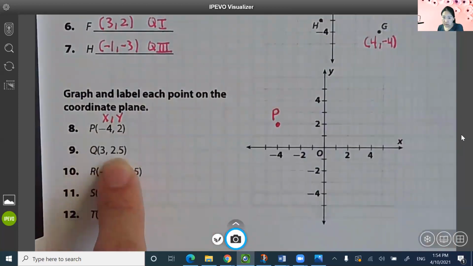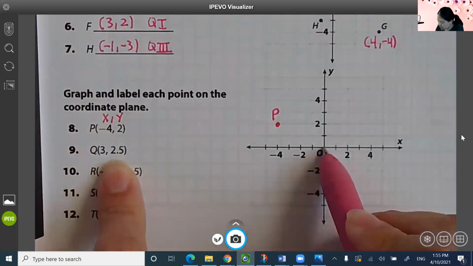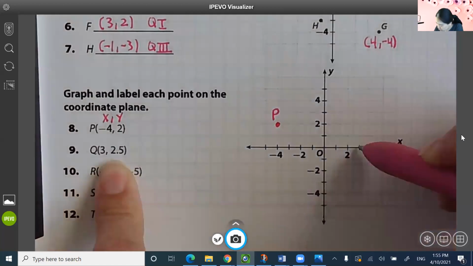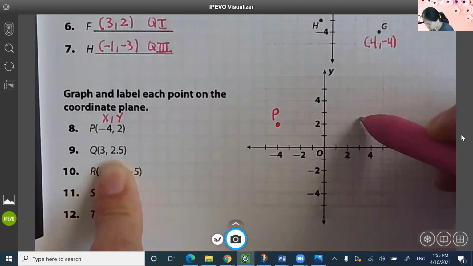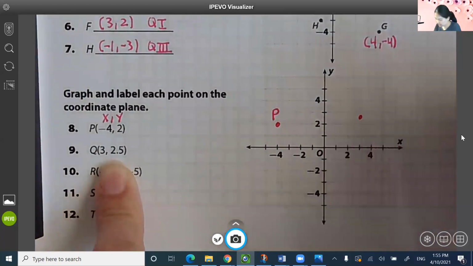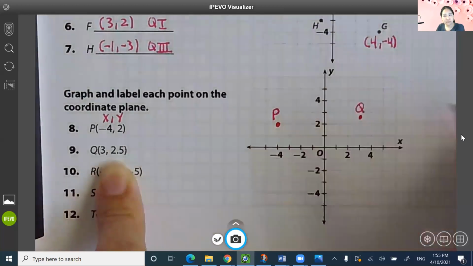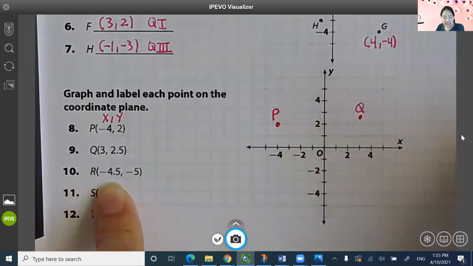Next one, Q, is +3, +2.5. So you first go to the right 3, and from there you go 2.5 up. So here's 1, 2.5, and that is point Q. Point R is -4.5, comma, -5.